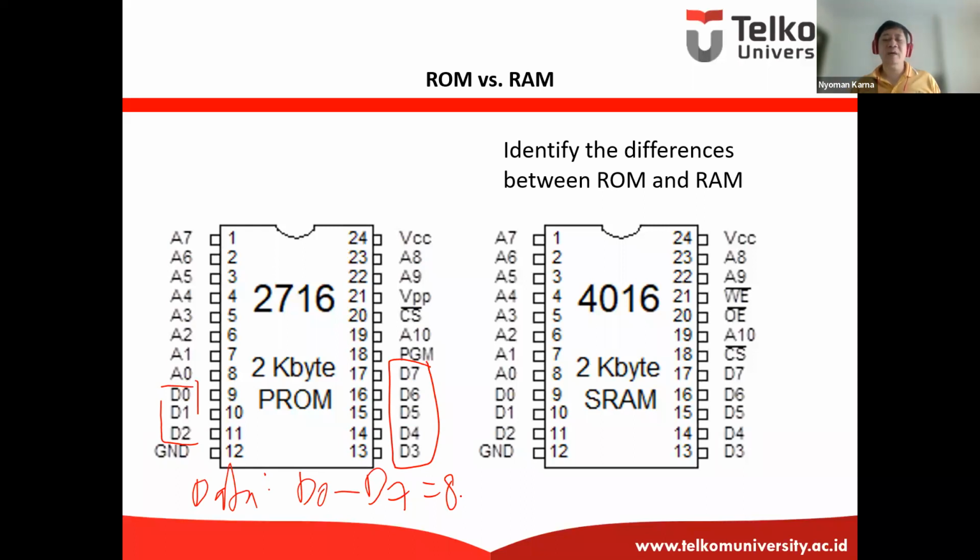So at the same time, we can send 8 bits of data, or we can call it 1 byte, because 8 bits is 1 byte. D0, D1, D2, D3, D4, D5, D6, and D7. So we have 8 lines for data. We call it the data bus.